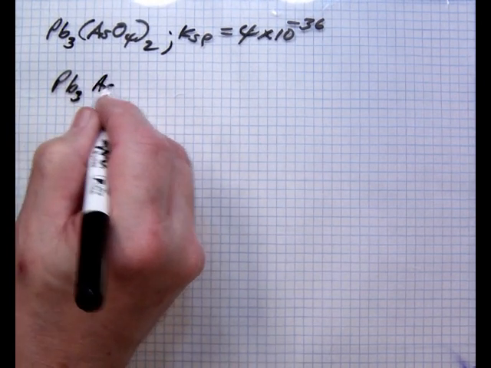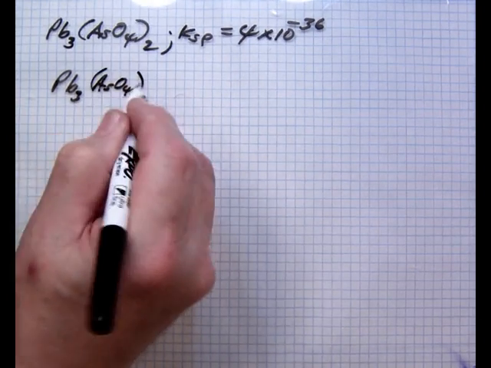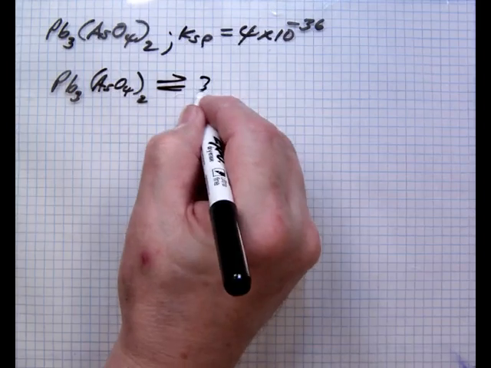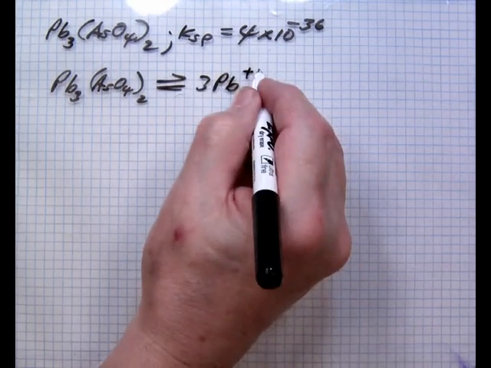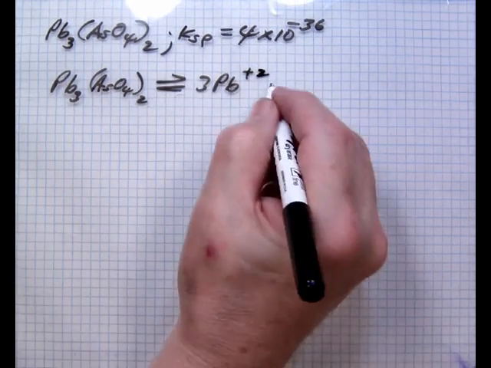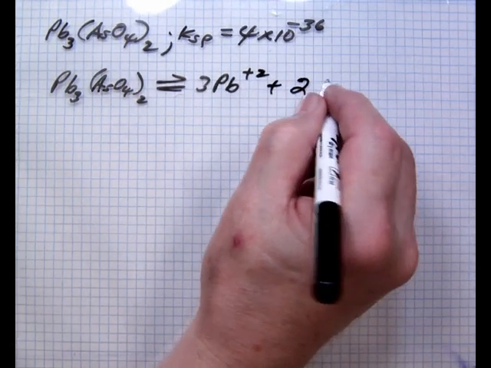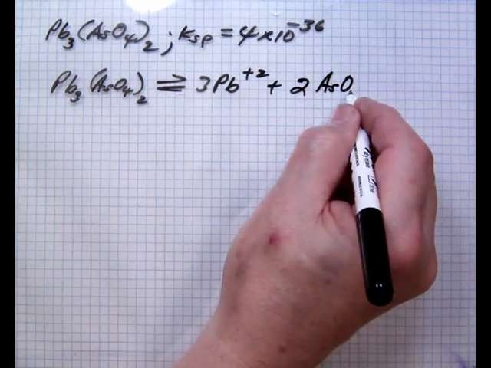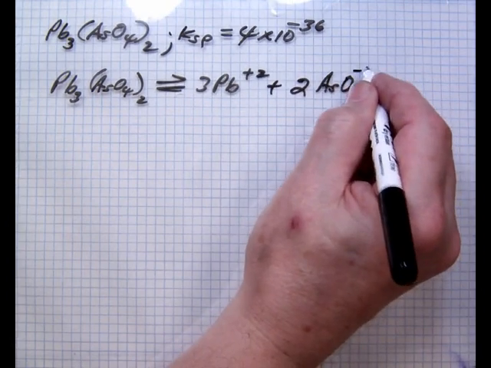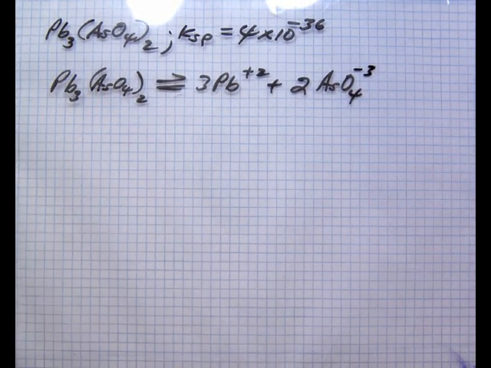Lead arsenate ionizes to 3 moles of lead 2 plus and 2 moles of AsO4 3 minus.